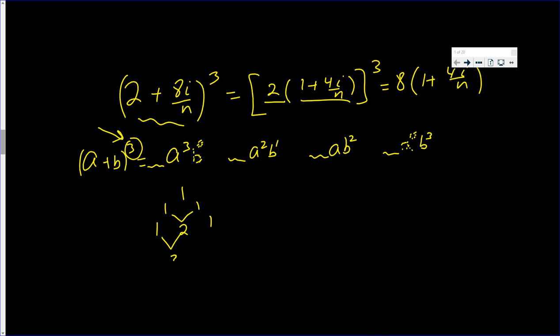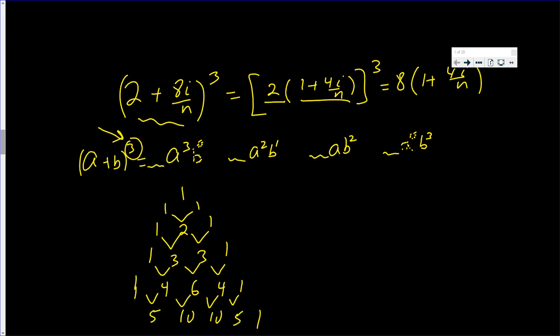You have numbers in the middle, add them up. Don't forget to put ones on the end. Notice, so 3 plus 1 is 4, 3 plus 3 is 6, 3 plus 1 is 4. Put ones on the end. Let's do one more. 5, 10, 10, 5. Don't forget to put the ones on the end.